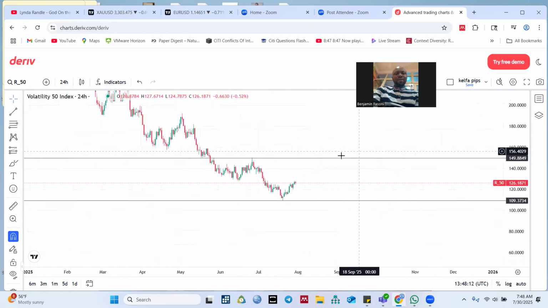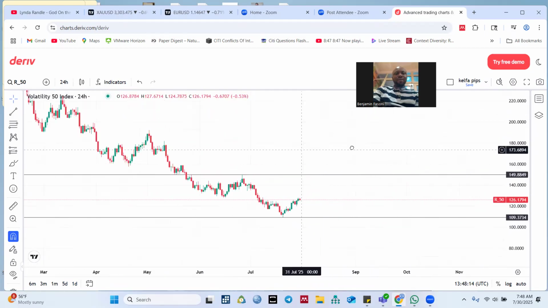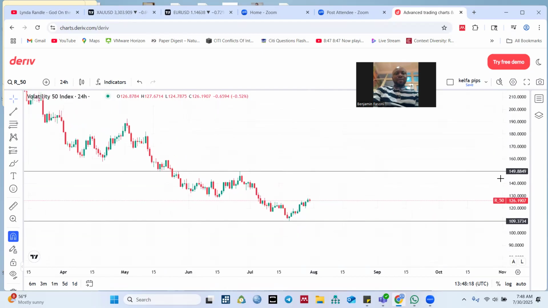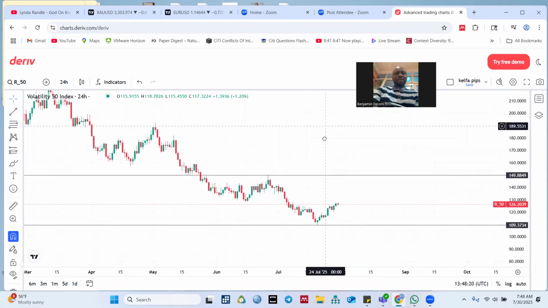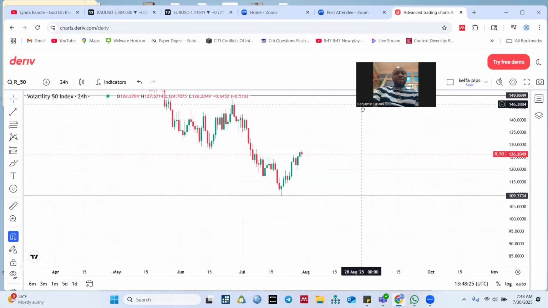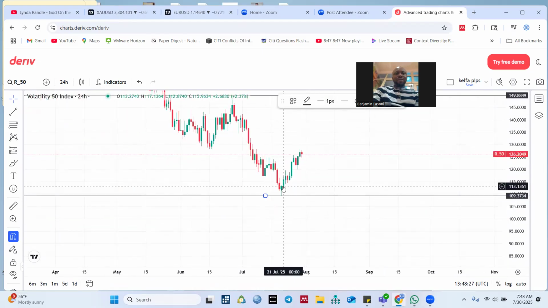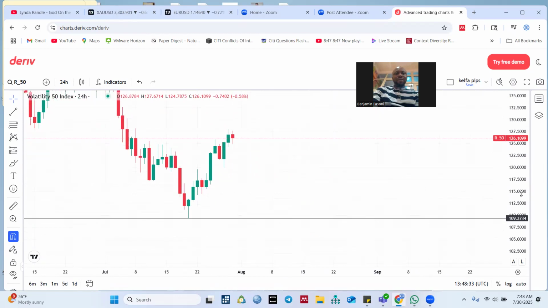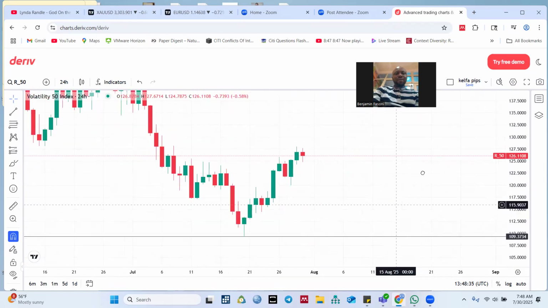But what is the most important data we have right now to make a decision if we want to trade? Right now, I can see that we have price hitting this area and rejecting. And then the rejection gave us a swing low that has been formed on the daily time frame.